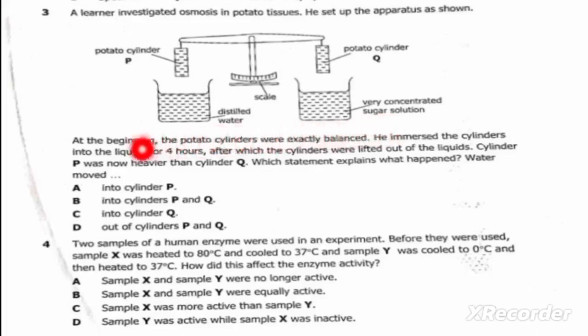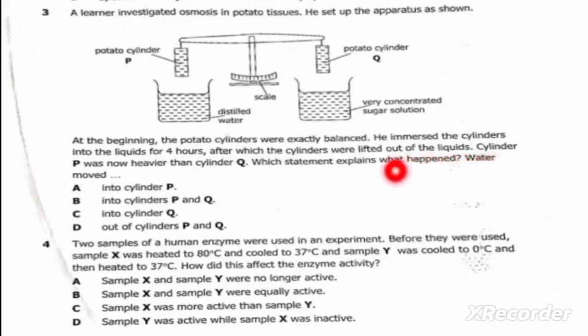At the beginning, the potato cylinders were exactly balanced. So in short, the potato cylinders have equal weights. He immersed the cylinders into the liquids for 4 hours, after which the cylinders were lifted out of the liquids.